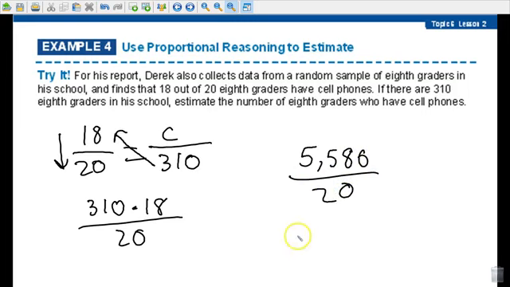And we would get 279 out of 310 people. So based on the sample, about 279 eighth graders have cell phones in their school. Okay? It's just a guesstimate. All right?